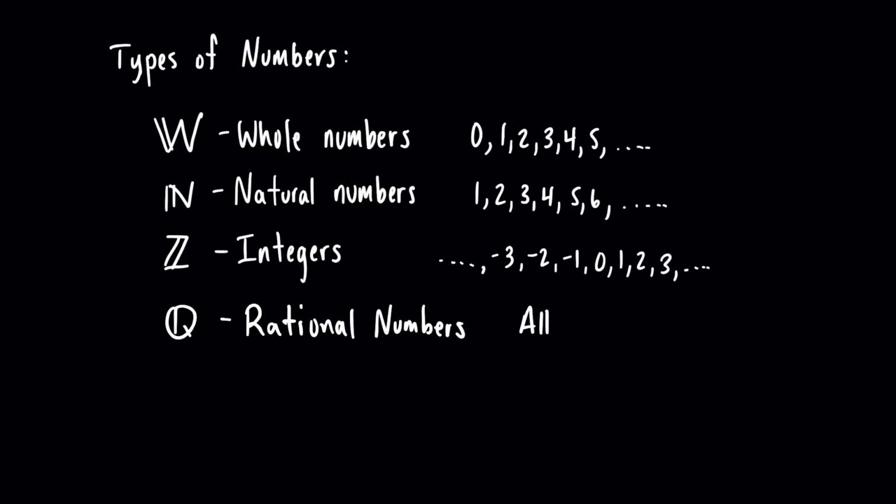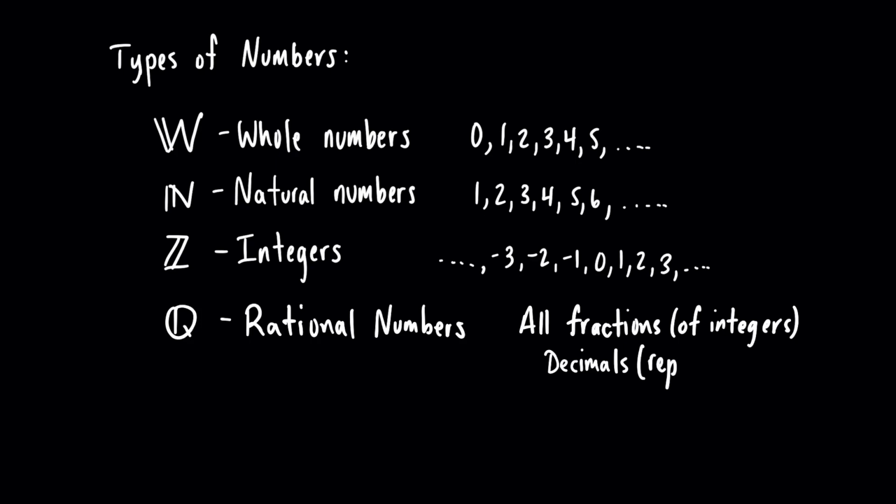So this includes all fractions of integers, I should say, where you have integer numbers in the fraction on the top and bottom. All fractions, decimals, including repeating decimals. It's actually kind of complicated to explain exactly what's included in the rational numbers, but just a basic explanation will do for now.